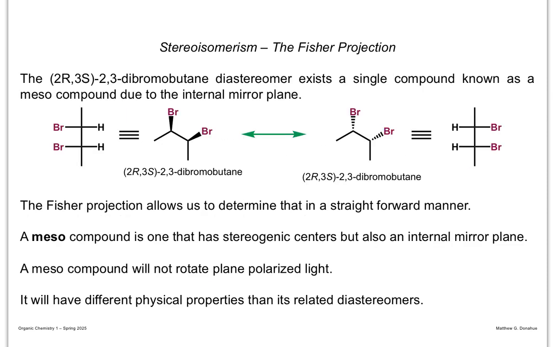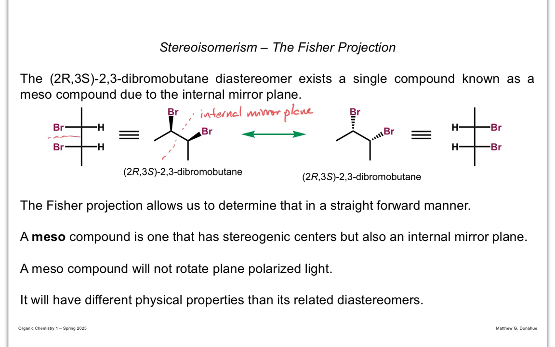And so for the one where there is not this pair of enantiomers, you can do the same thing where you do that rotation. You can actually see the internal mirror plane here. And then when you make the Fischer projection, you see that both bromines are on the same side.